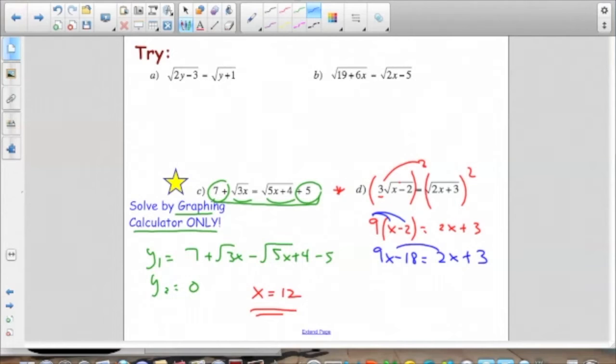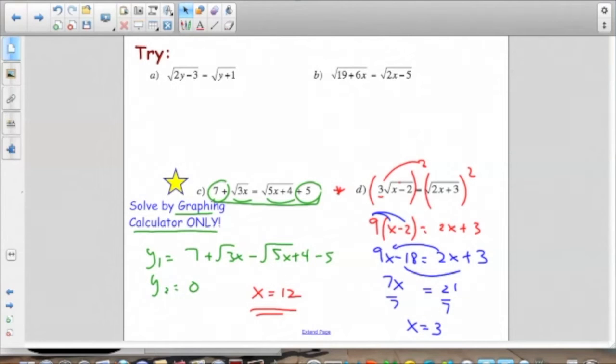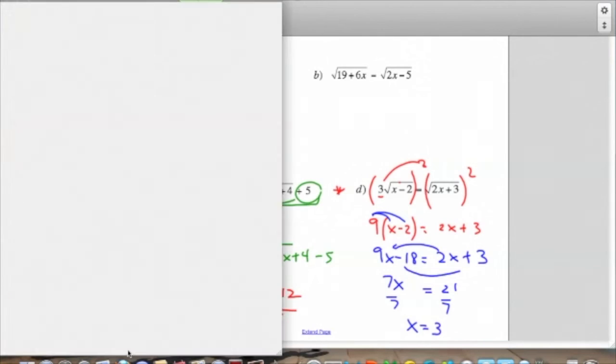Now simple algebra, move that over. So it's 7x. Move that over. It's 21. Divide by 7, divide by 7. x equals 3. Well, is that a true answer or not? Well, we can find out using our calculator to check.